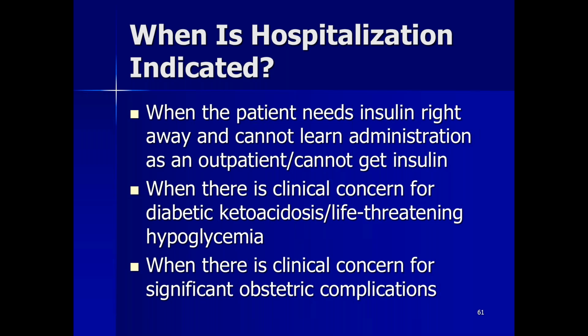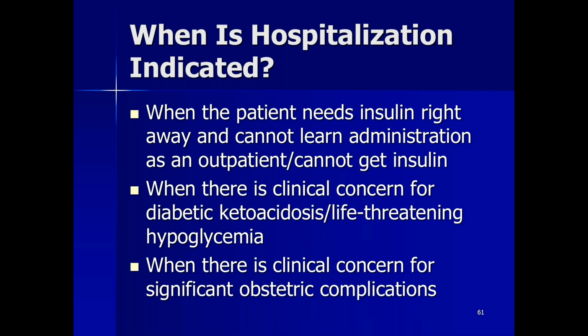The goals being she learns how to do her insulin, she knows how to manage hypoglycemia, and I can get her a meter and I can get her into a follow-up plan. Those are my goals, not let's get her under perfect control before she goes home, because that goal can take 5 to 7 days.